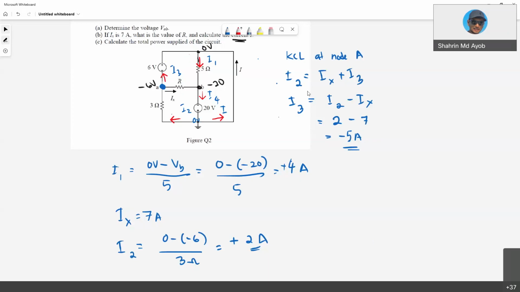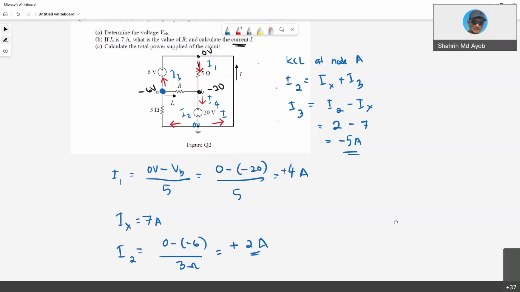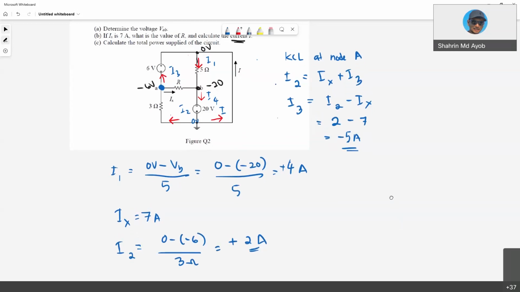I just want to remind you that this one means that the assumption and direction is actually opposite. Okay, I hope you get that. Please don't change this direction after you have assumed. Please don't change that, because it will be very complicated if you change.